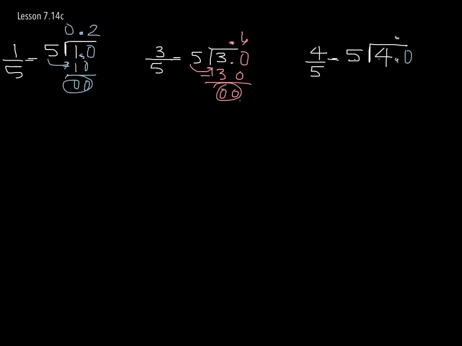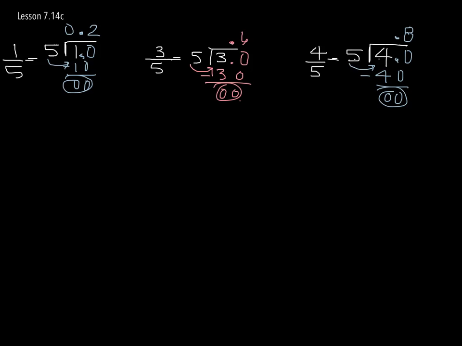I'm going to add a 0. And now how many 5's out of 40? That would be 5, 10, 15, 20, 25, 30, 35, 40. That would be 8. Multiply, put the answer on the bottom, subtract, 0 out, we're set. So 4/5 is 0.8. Okay, so 1/5 is 0.2, 3/5 is 0.6, 4/5 is 0.8.